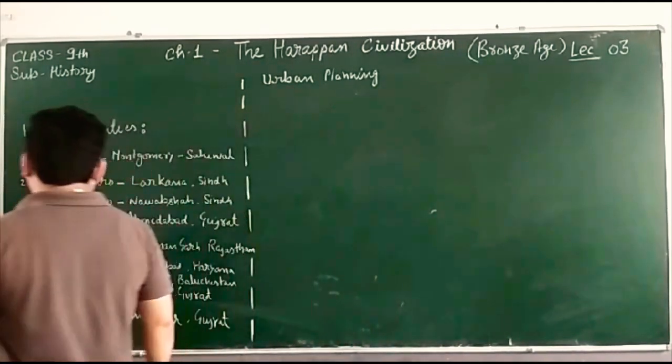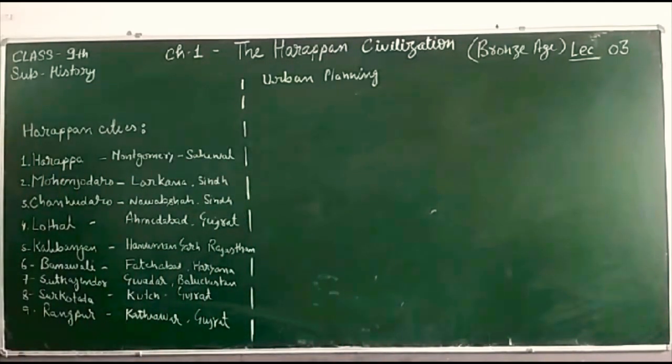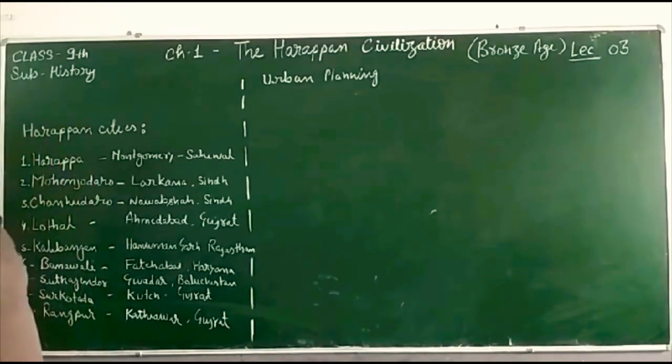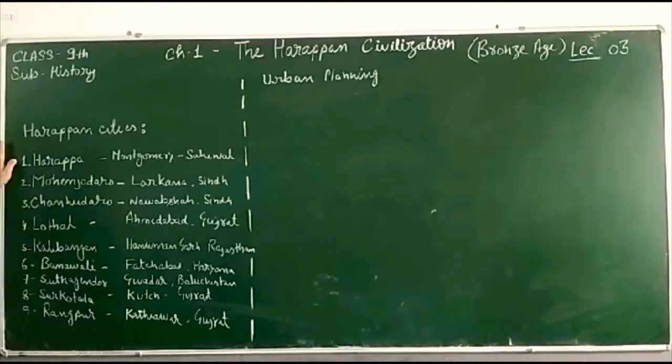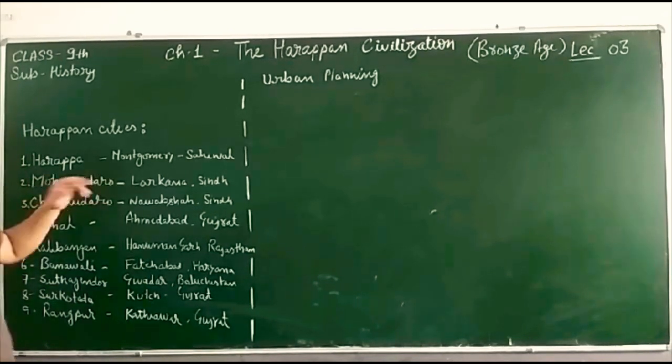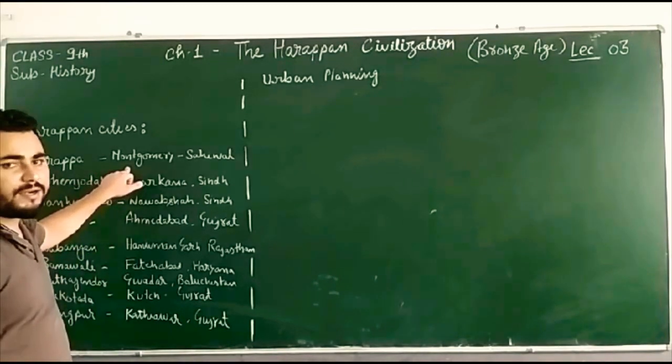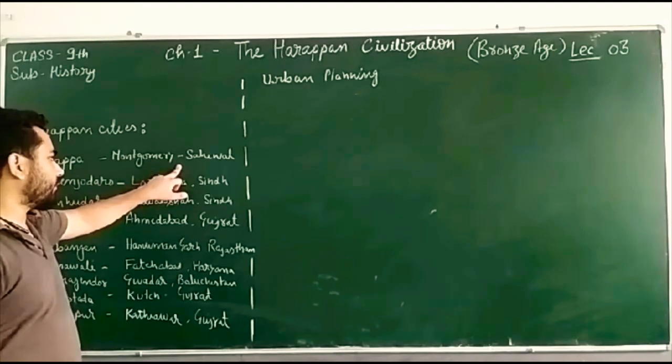Harappan cities, there are a few very famous cities of Harappa, or you can say Indus Valley Civilization. The first city is Harappa city, which was situated near River Ravi in Pakistan. It is in Montgomery district, which is today's Sahiwal district of Pakistan, right?